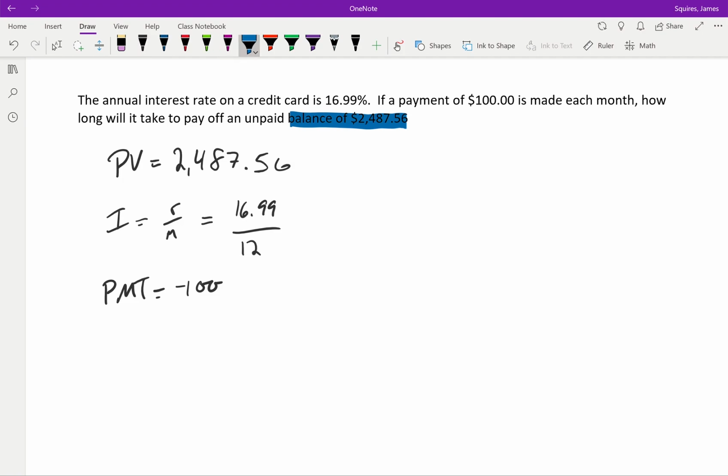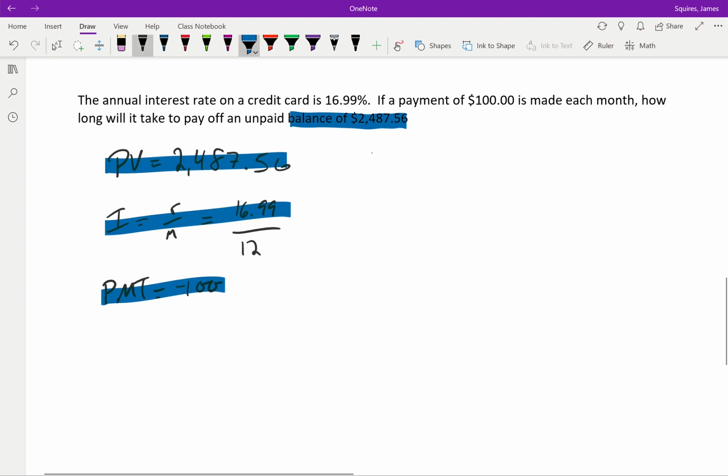So we have 3 bits of information. We know the present value, we know our per period compounding interest rate, and we know our payment. So we can calculate what n equals. Once we calculate for n, we get n equals 31.